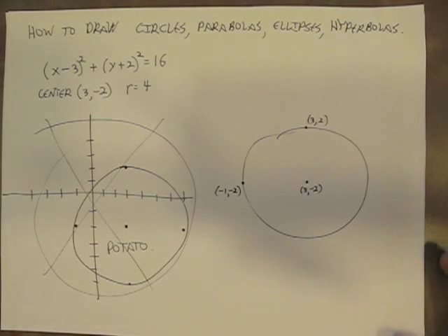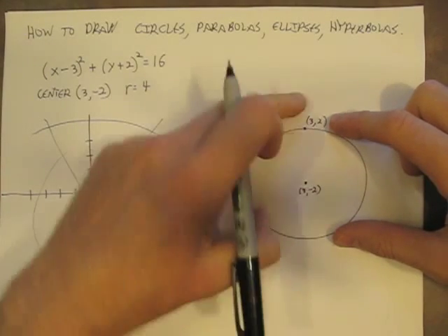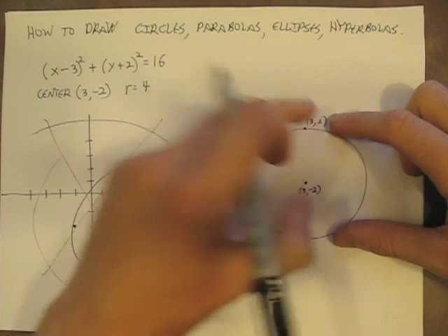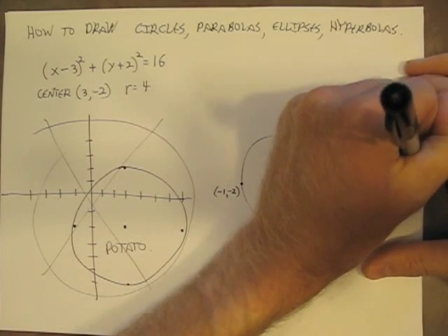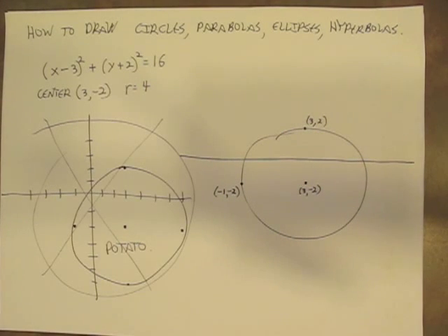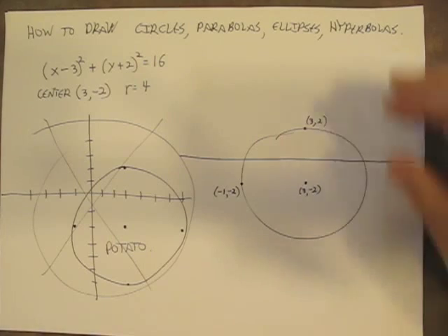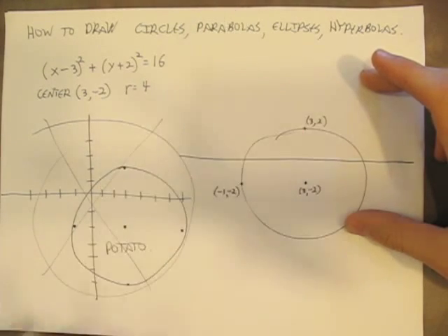And so now I know that if my radius is 4 and this is negative 2 and that's positive 2, that my x-axis is going to go right there. So that's going to be my x-axis. And then I know it's going to be halfway between, so this is halfway between there and there.